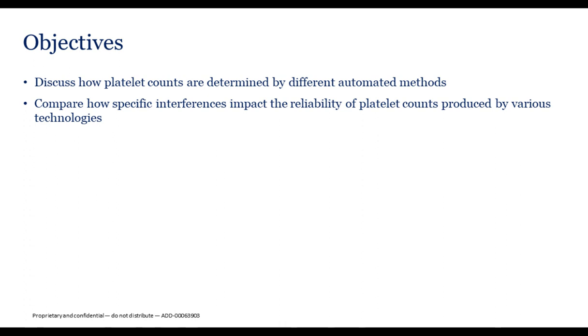The impact on quality varies depending on the specific interference and technology used to determine the platelet count. So today in this webinar, different principles used for counting platelets and the effect of circulating interferences on the performance of each method will be reviewed.